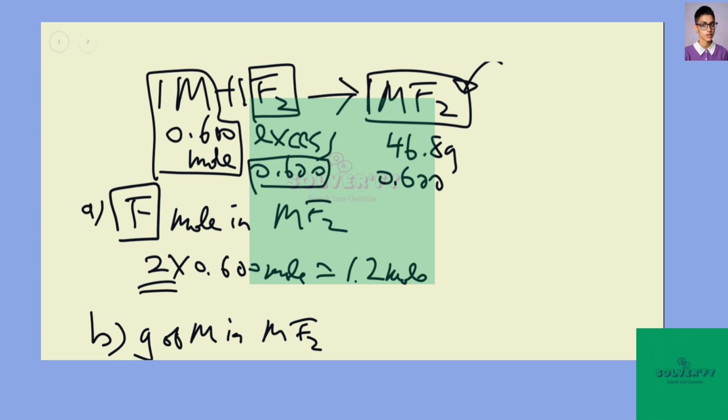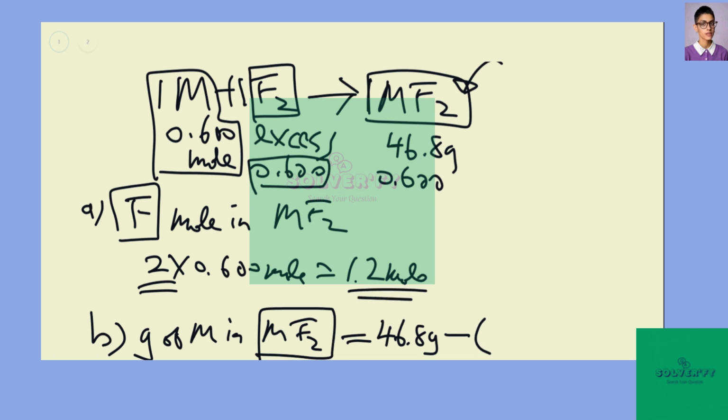Okay, so what will be the mass of metal in our MF2? So first of all, you just need to find out the mass of our fluorine. We have a total mass of 46.8 gram. So for the mass of fluorine, we have 1.2 mole of fluorine, and we multiply the number of moles by the molar mass, which is 19 gram per mole. So 1.2 mole times 19 gram per mole gives 22.8 gram, and this is from our fluorine.